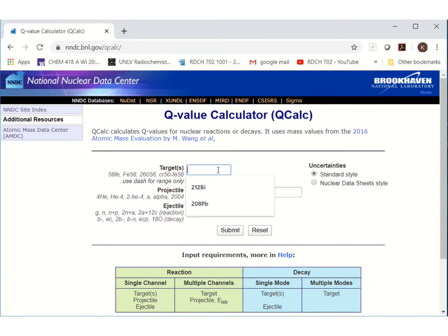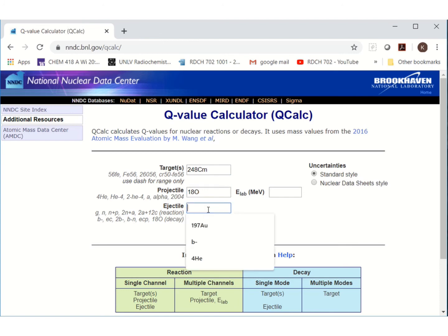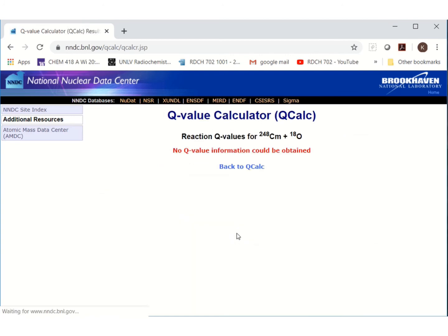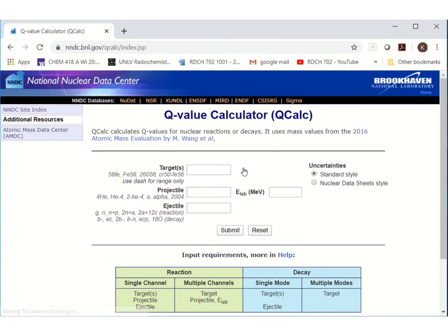So let's try to make the one that I did in graduate school. My target was curium-248, my projectile was oxygen-18, and I made rutherfordium-261. I'll submit that. Now, no Q value information could be obtained.